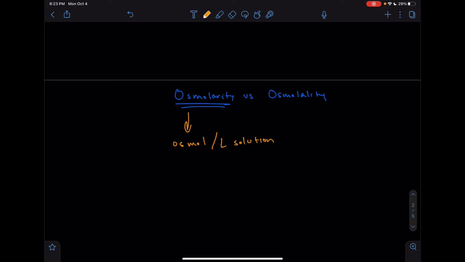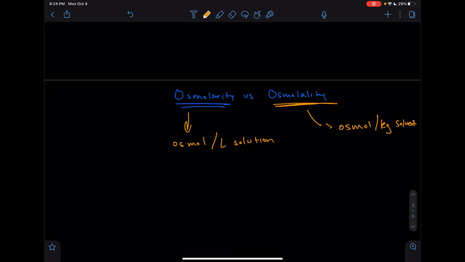It's basically saying how much of a certain solute is in the water, right? If you know the difference between molarity and molality, then this will make sense as well, okay? Because this really is a little bit different. Osmolality is osmoles over kilograms of solvent. So we're talking about the solvent, not just the entire solution, right?